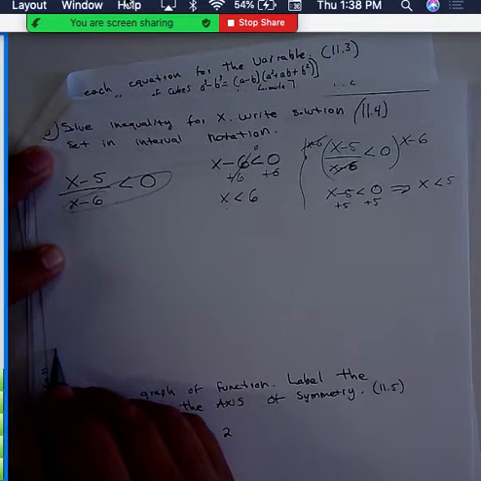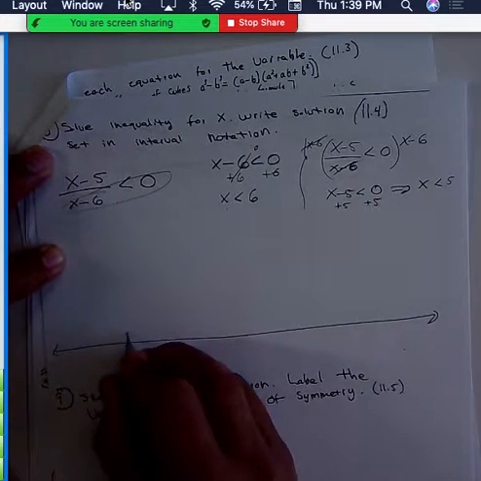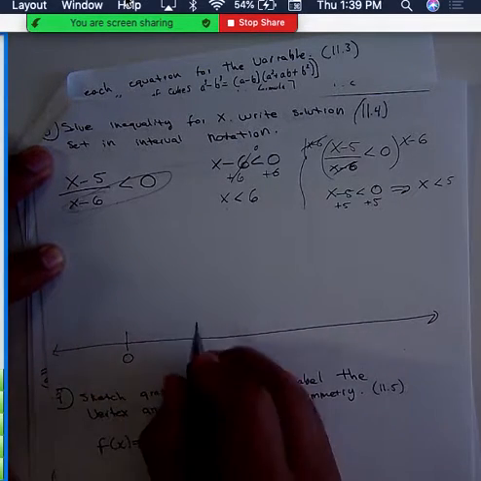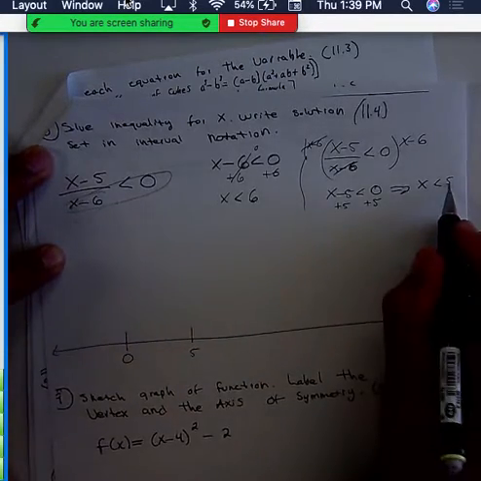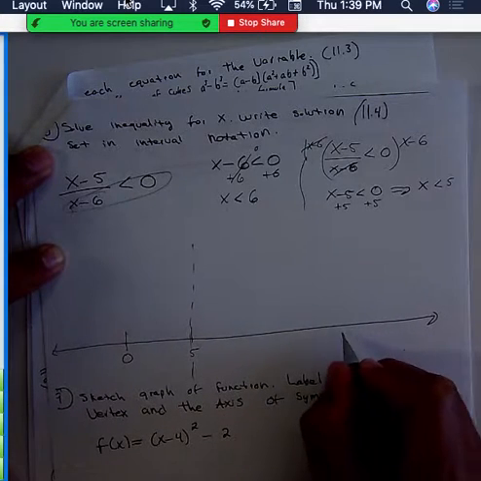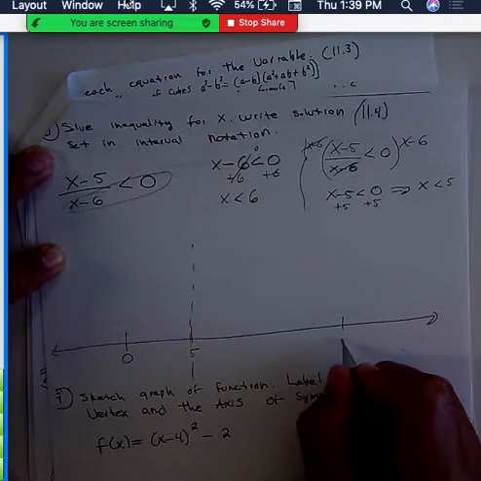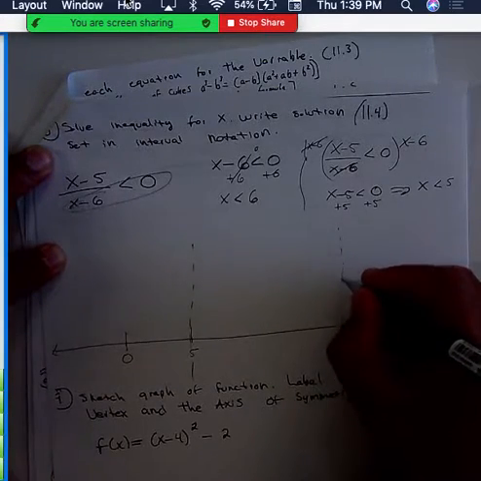I think this one is easier than the other one. So 0 is over here. I'm going to make a big space because I'm going to put 5, one of our numbers that divides it, and I'm going to put 6 way over here. It's not to scale, but you'll see why. If I put it to scale, I won't have enough space to work.